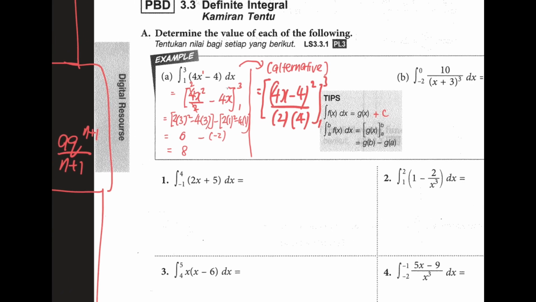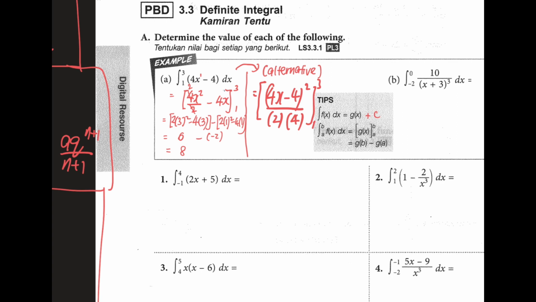Okay, let's see alternative method. Same idea. I substitute 3 to the x. So 4 times 3, 12. 12 minus 4, 8. 8 power 2, 64. 64 divided by the bottom, 8. 64 divided by 8, 8 only.